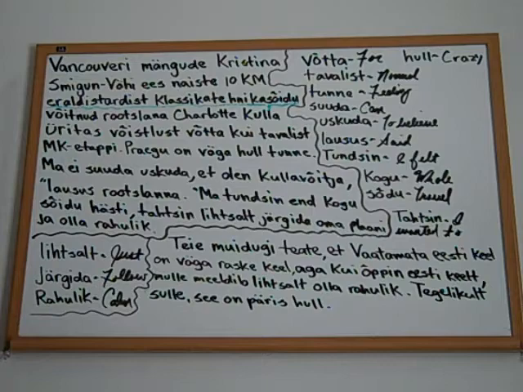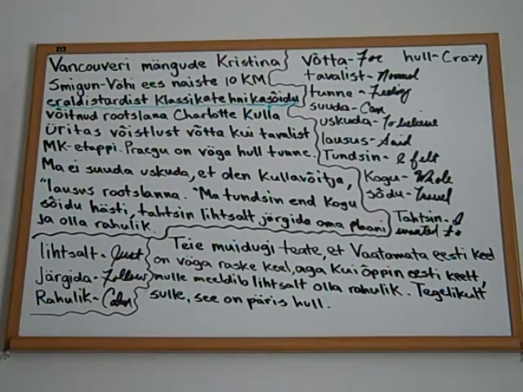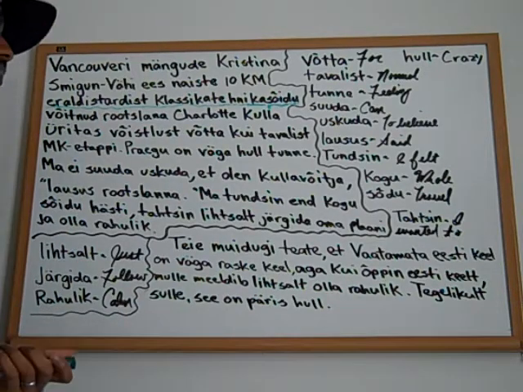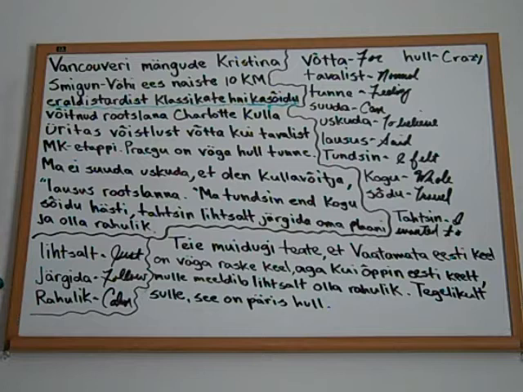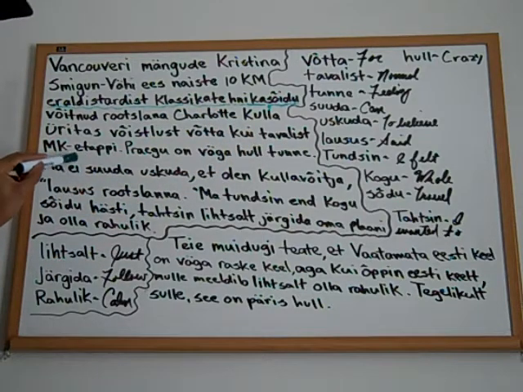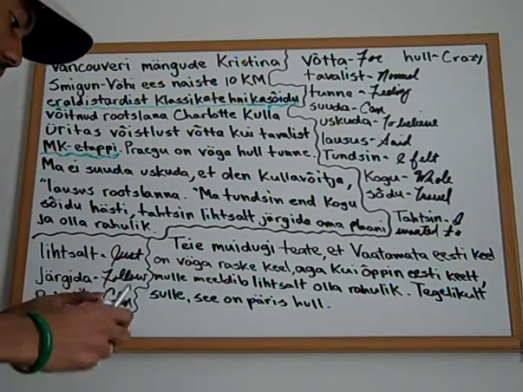I guess it's saying they're not expecting to win the actual gold medal, but going for a normal place or a normal standing in the run in this tournament. Qui tavalis is normal. I'm not sure what MK Itapi is. I'm not sure what that is.